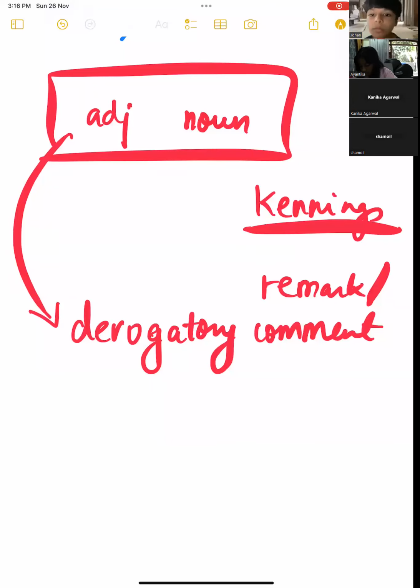Okay, ठीक है. So derogatory will always come with comment. Use it everywhere. I'll give you more sentences. He referred to the survivors in derogatory terms. English speakers frequently sought help from a bilingual in order to learn a derogatory phrase that could be used as a retort.